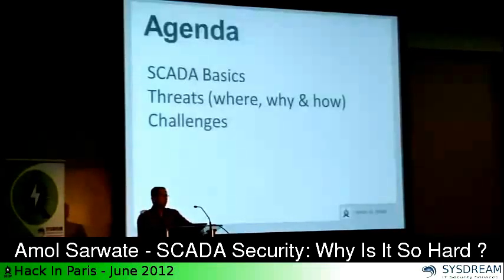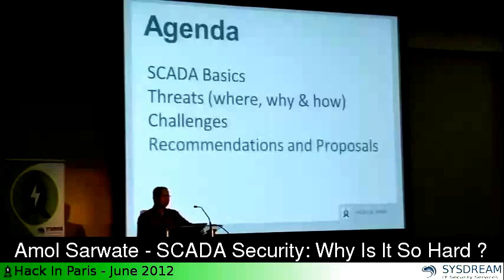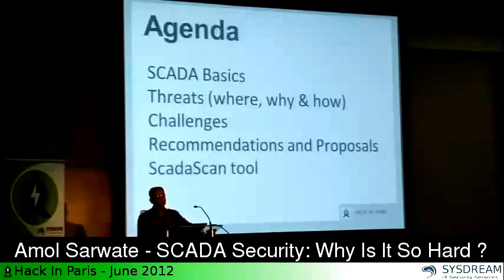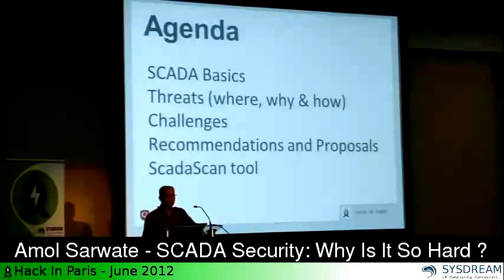If we know where the threats are and how they can be exploited, why can't we fix them, why can't we patch them? And finally, some recommendations and proposals to secure SCADA environments. And last but not least, I'll introduce you to a free open source tool that I created to audit your SCADA network. So we have quite a bit on our plate.